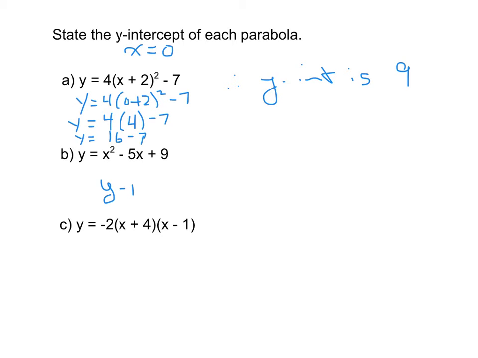We're in standard form for the second one. So we know the y-intercept. And the y-intercept is 9. Last one's in factored form, so just sub in 0 again for x. y equals -2 (0 plus 4).